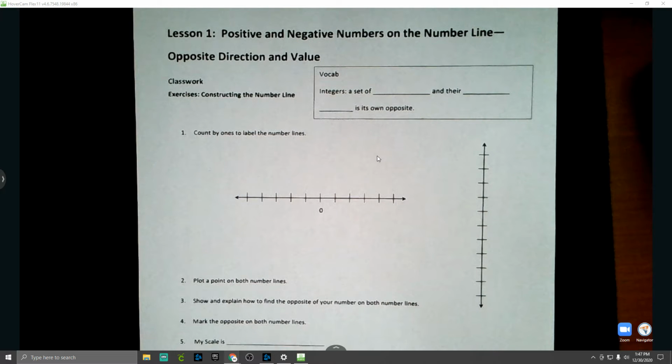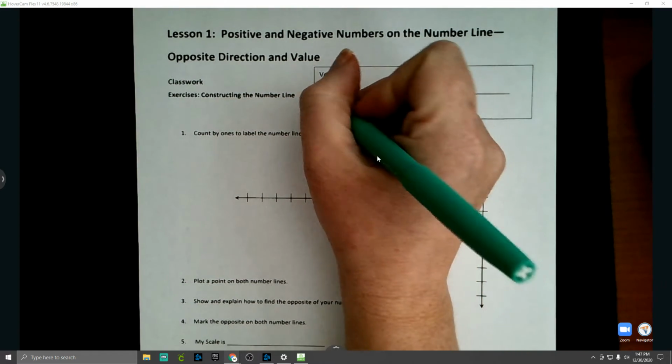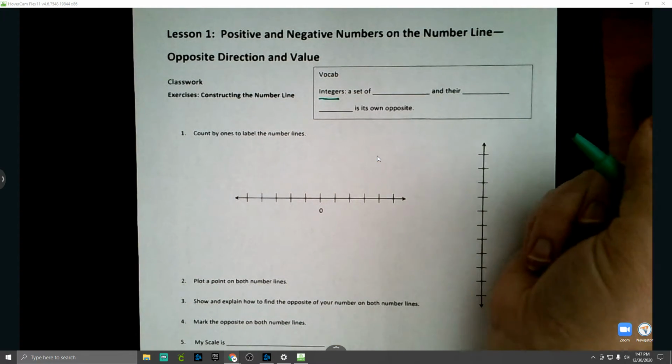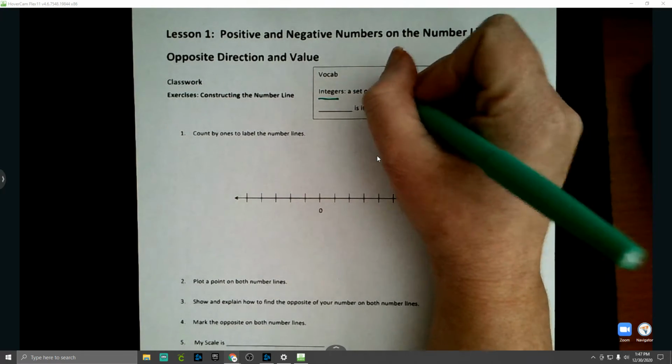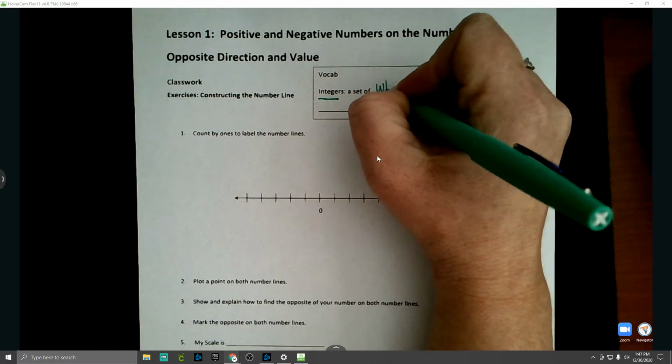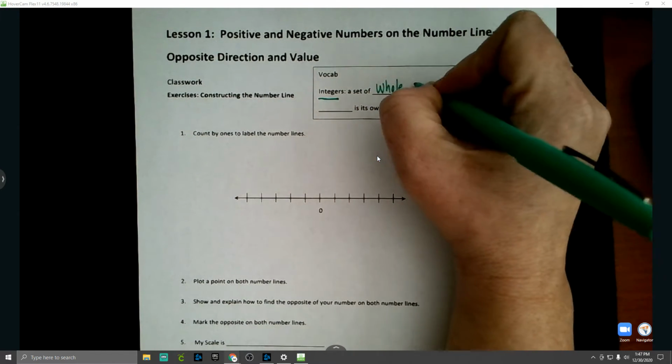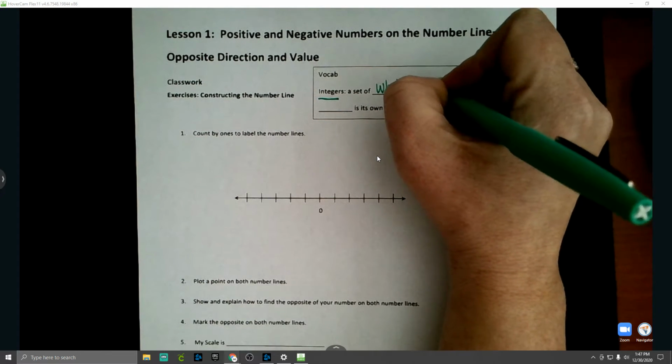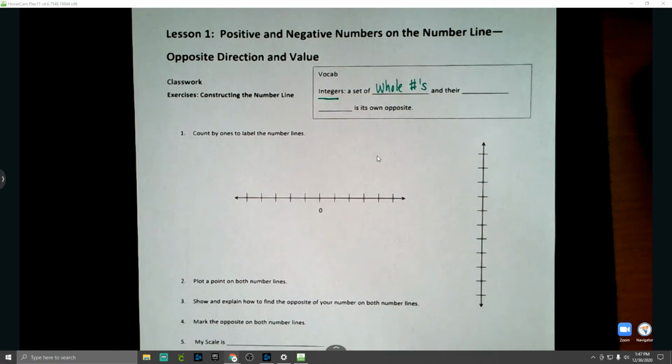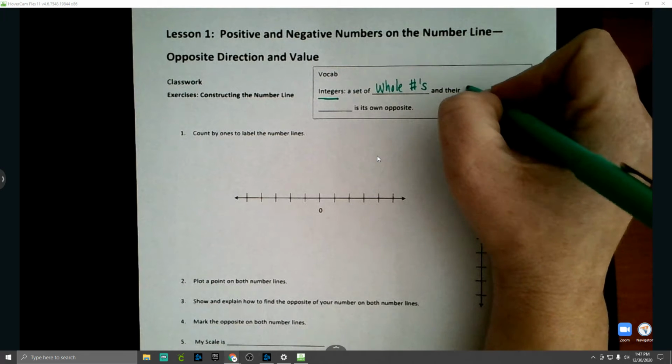Just a little bit of vocabulary. Integers. An integer is a set of whole numbers, I'm just going to put the symbol, whole numbers, and their opposites.